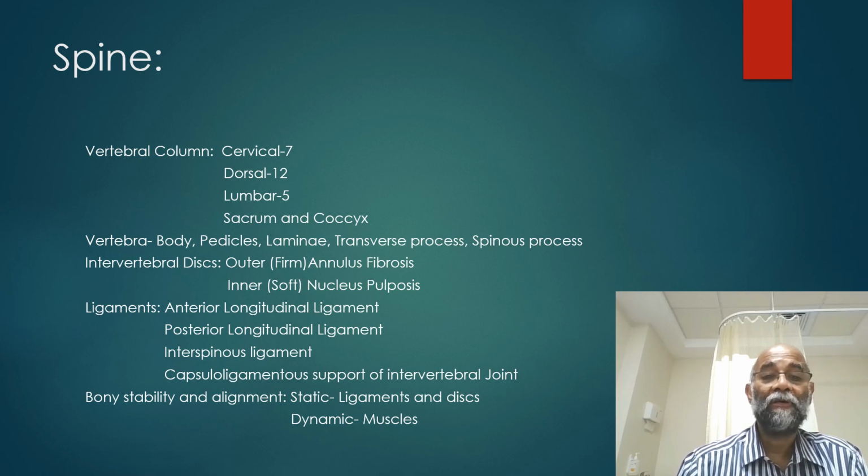You have capsuloligamentous supports for the intervertebral joints, and you have another ligament called the ligamentum flavum, which extends between the laminae of the vertebrae. Bony stability and alignment are maintained by the ligaments and discs, which are static supports, and muscles, which provide dynamic support.